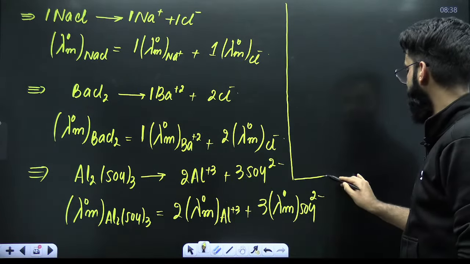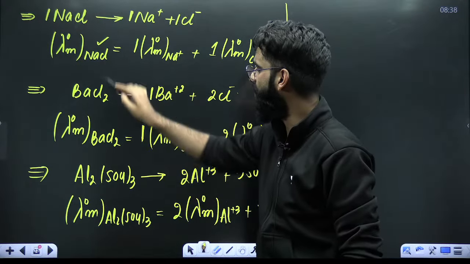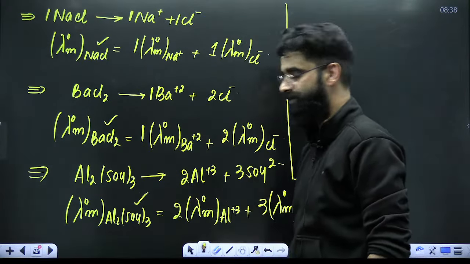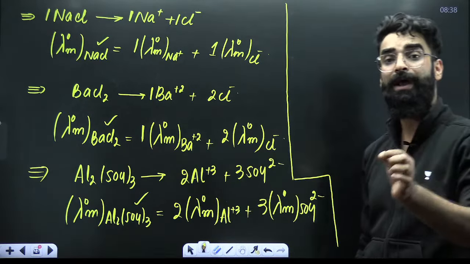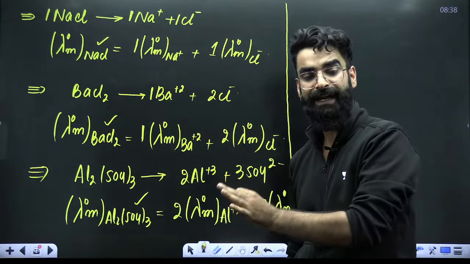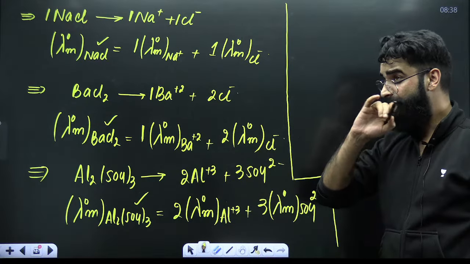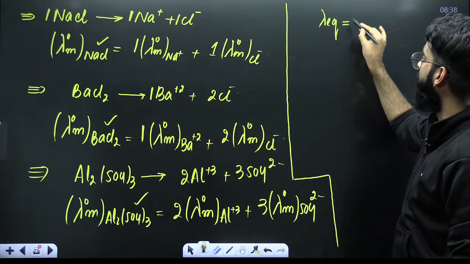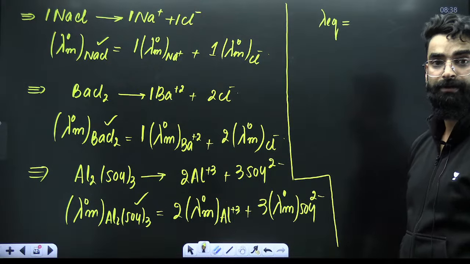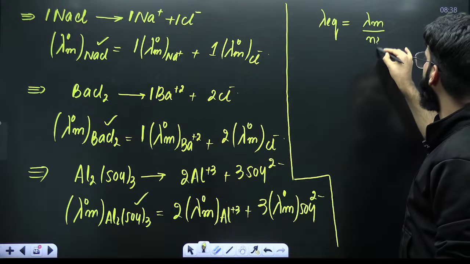Now, my dear students, let me tell you one more thing. Since you are getting the molar conductivities of electrolytes at infinite dilution like this, if I ask you how you get the equivalent conductivity of the electrolyte at infinite dilution, I've already discussed one relation with you. Equivalent conductivity is equal to molar conductivity divided by the n factor of the electrolyte.